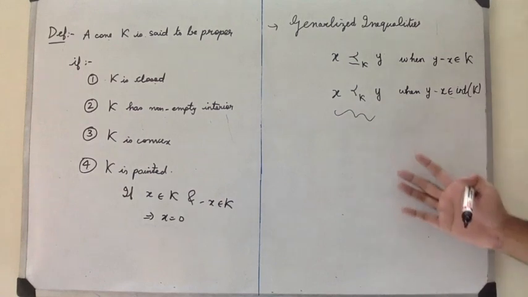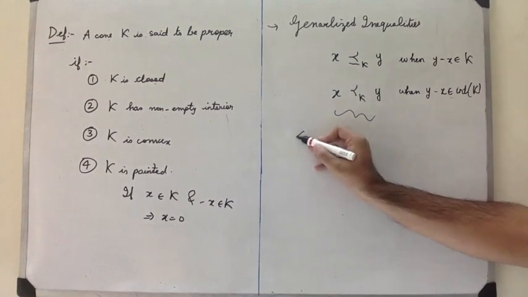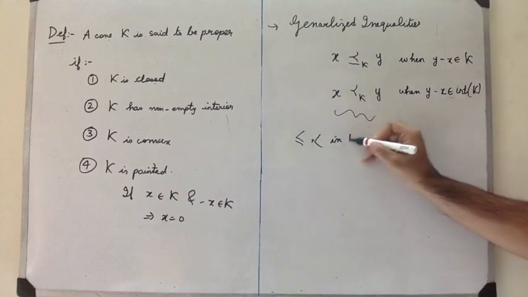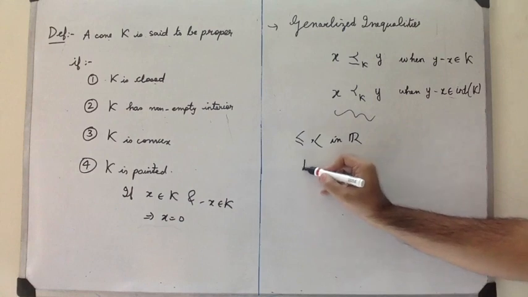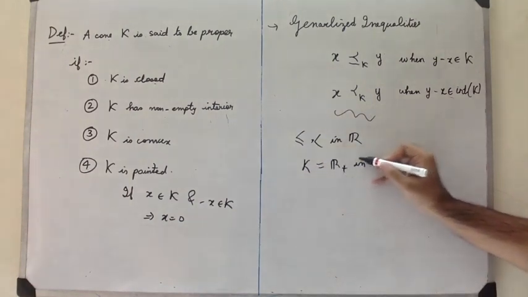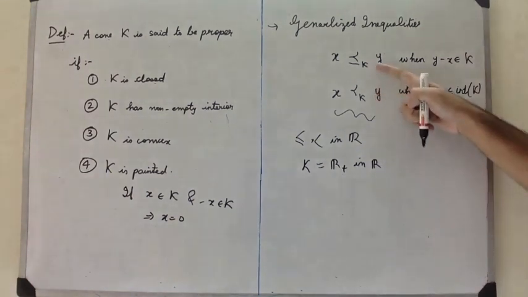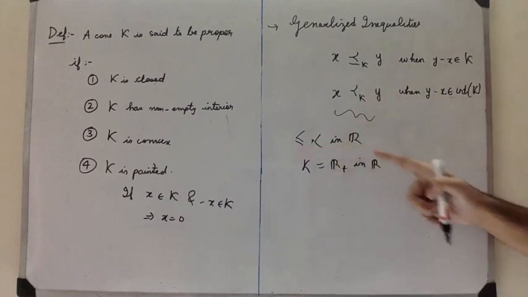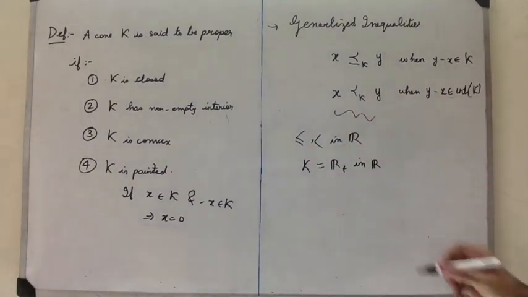We can relate this to the normal inequality that we know of in R. This happens when you choose the cone K equal to R plus in R. Then the generalized inequality with respect to this R plus becomes the standard inequality.